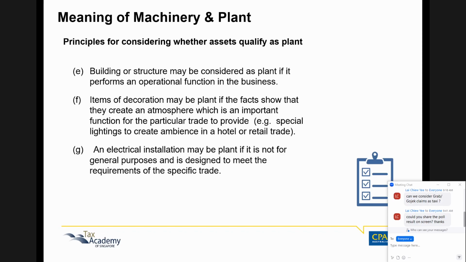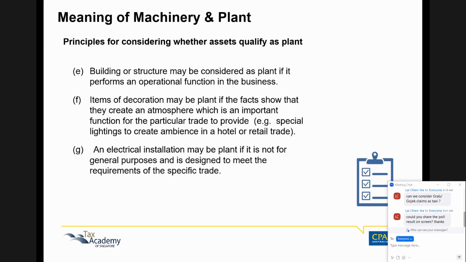So we really had to go down to take a look and take photos, and in the end ascertained that it qualifies as a plant, not as a structure or building itself. Like I said, this is where sometimes things can be a bit gray. We have to really look at the facts of the case and then ascertain.